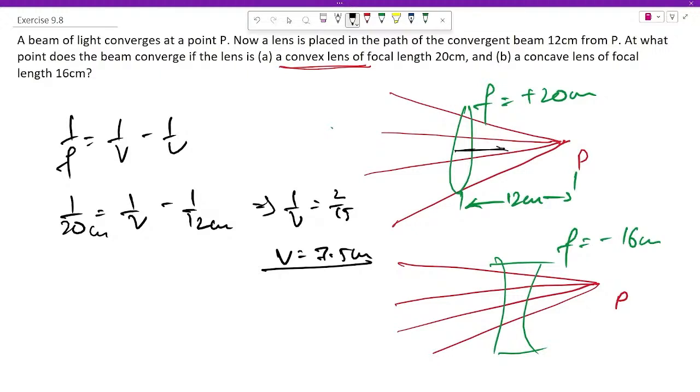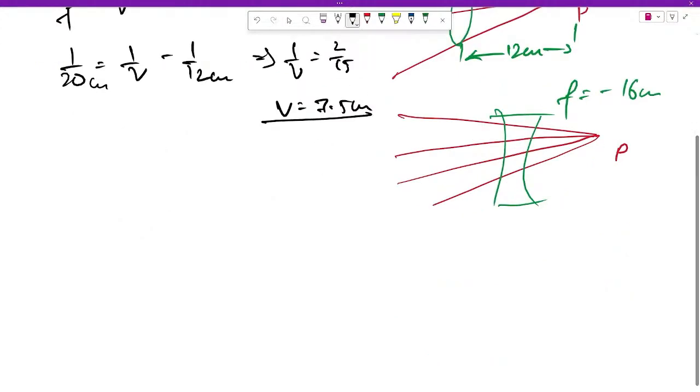Now in the second case, we have a concave lens. Here again, we have to find out the distance where the light will converge. So again, we will use the lens formula, 1/f = 1/v - 1/u. Now the focal length in the case of a concave lens is negative.